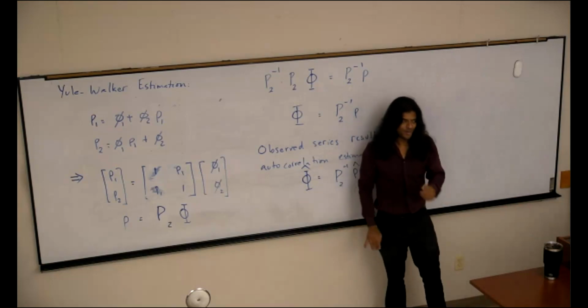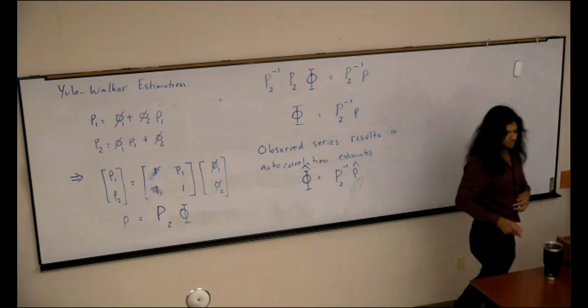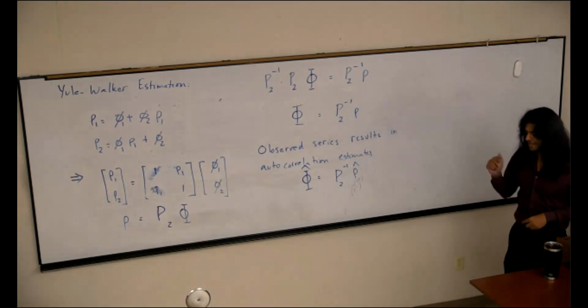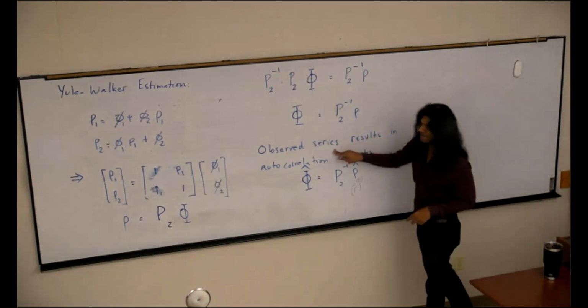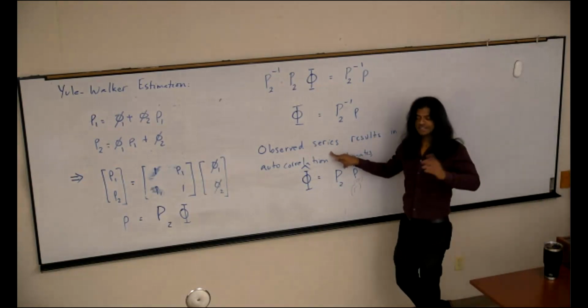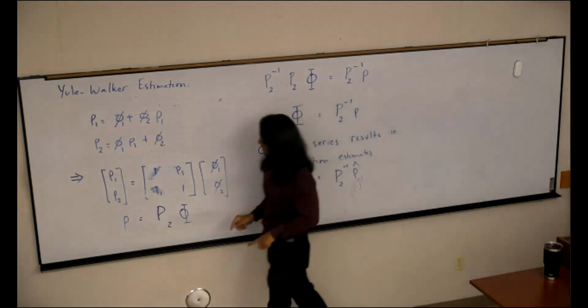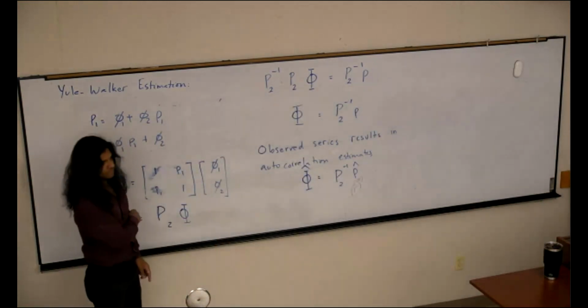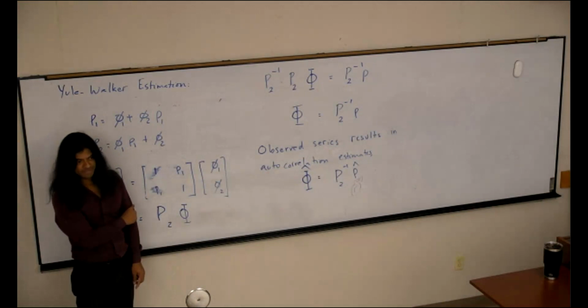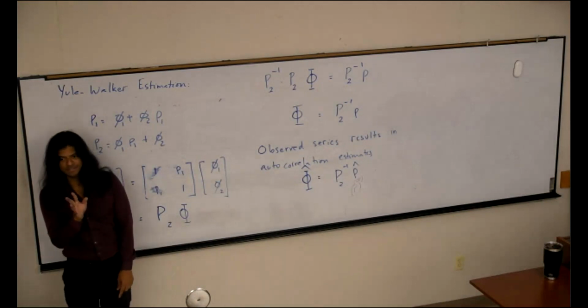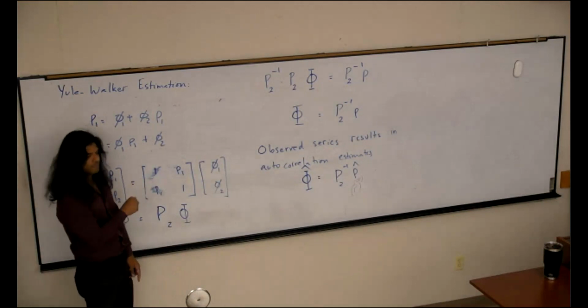Good. However, if the model is not stationary, in other words, the observed series is not stationary, you are not going to have a positive semi-definite matrix here. Is it going to be symmetric? Yes. Is it going to be positive semi-definite? Probably not.